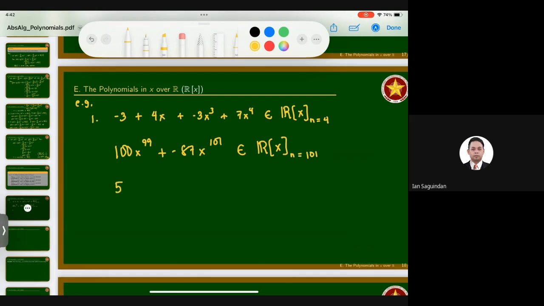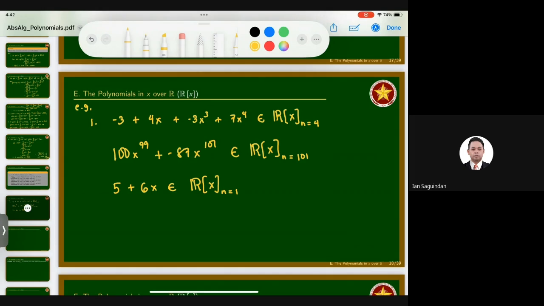Say we have the polynomial 5 plus 6x. So this is just a linear polynomial. Okay? Moreover, say we're going to have the real number pi. Of course, we are saying that pi is a real number, but we are also saying that pi is a 0-degree polynomial since it is treated as a constant.